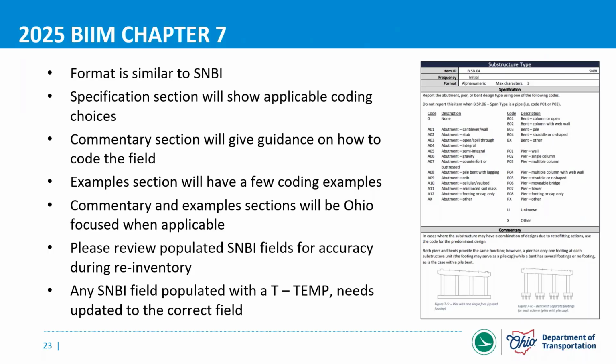Basically that means that the translator could in essence assume it was one of a couple fields, but it couldn't specifically choose the exact field. For instance, structure material will come over as temporary, say if it's concrete, because it doesn't know whether to choose cast in place or precast. So you'll just have to choose the proper code for anything that comes over as T temporary.